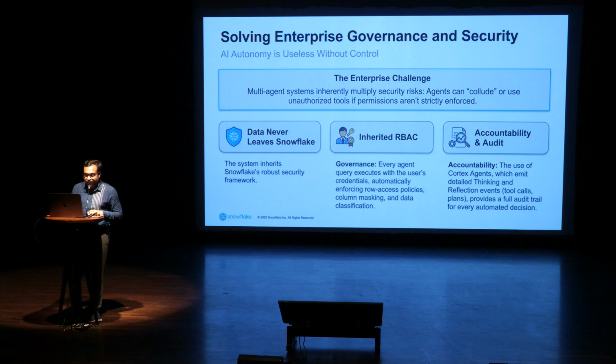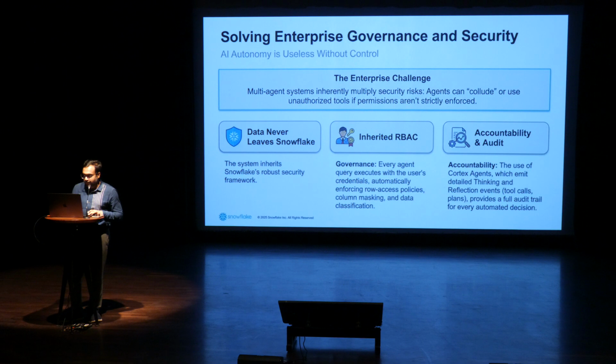One is data never leaves Snowflake. That's inherently the nature of what Snowflake enables you around security, etc. Also, there is RBAC that is applied. That is part of governance, right? So every agent is credited to the given user, etc. There are row level policies around data access, which make all these agents really secure for access.